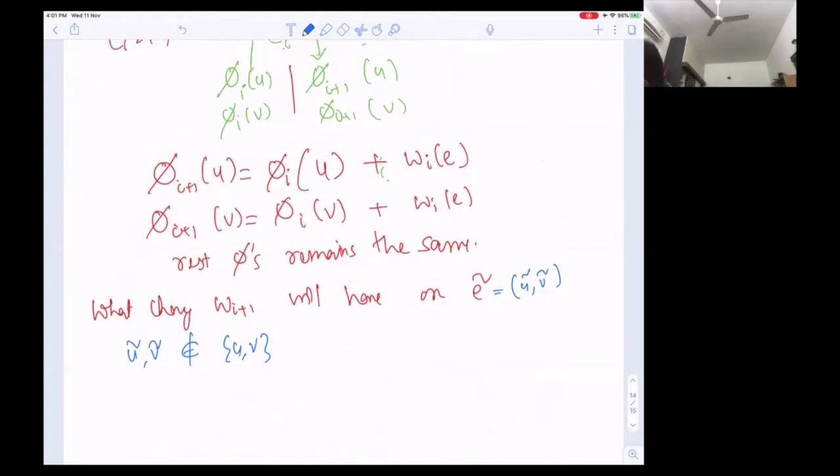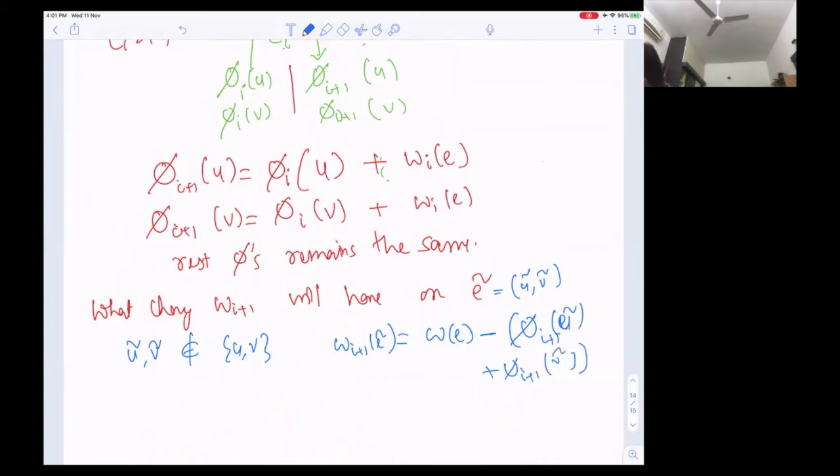So in this case, the weight of E tilde is the weight of E minus phi I plus 1 of U tilde plus phi I plus 1 of V tilde.